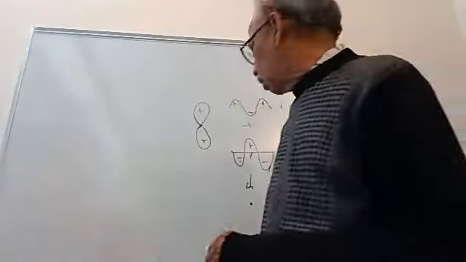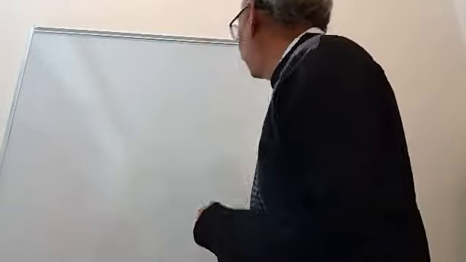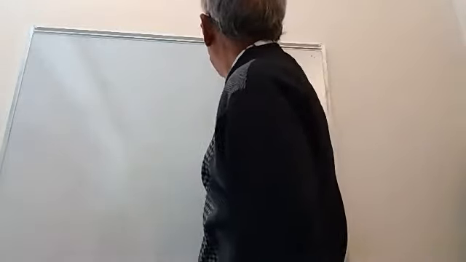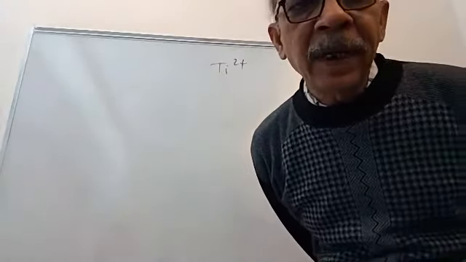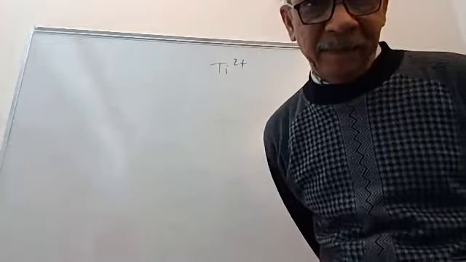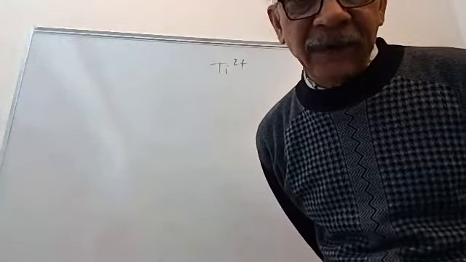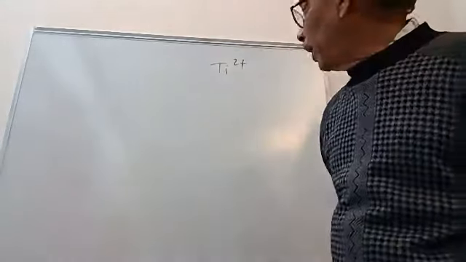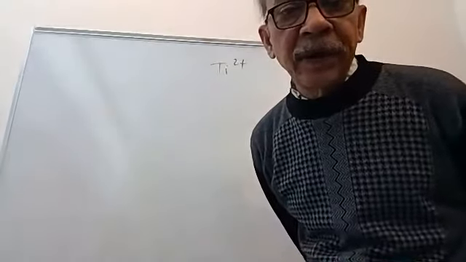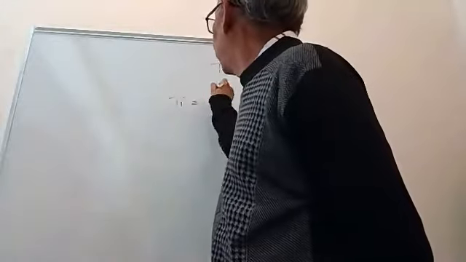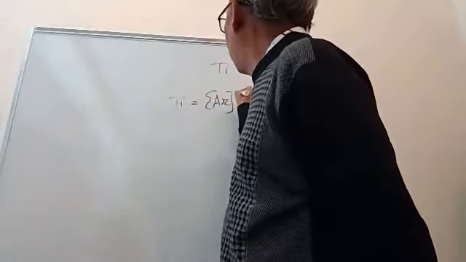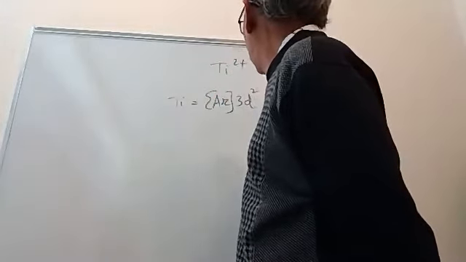For example, let us say I were to write the electronic configuration of titanium 2+. Sometimes the question in the exam may be, how many unpaired electrons does titanium 2+ have? So to answer that question, you have to start with the electronic configuration of titanium. When you write the electronic configuration of titanium, it's going to be argon 3d2 4s2.